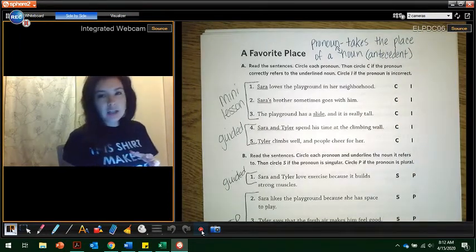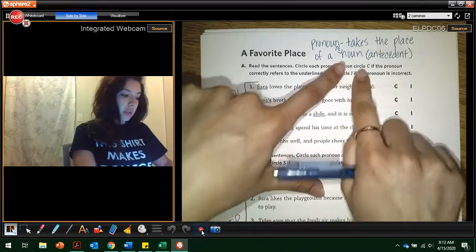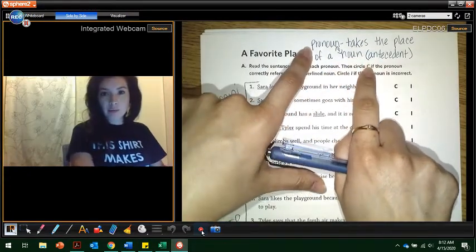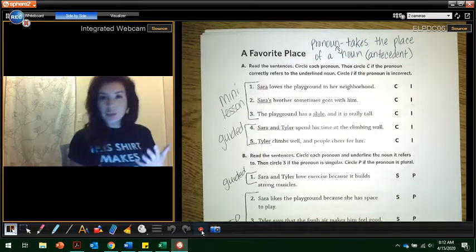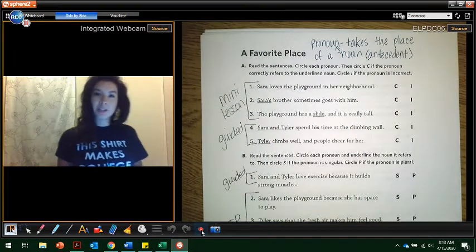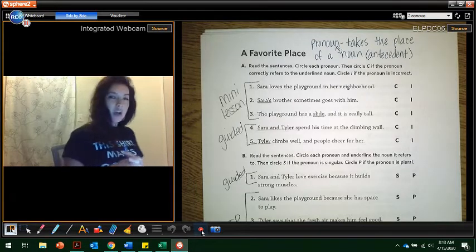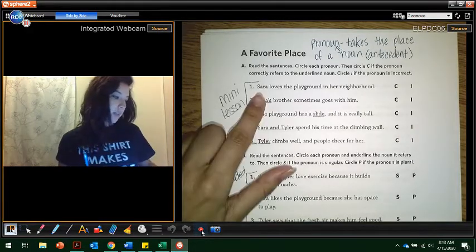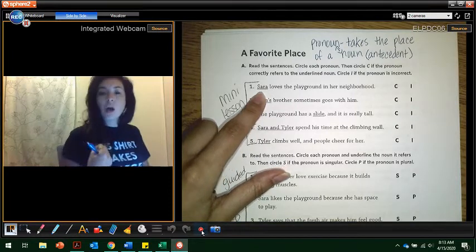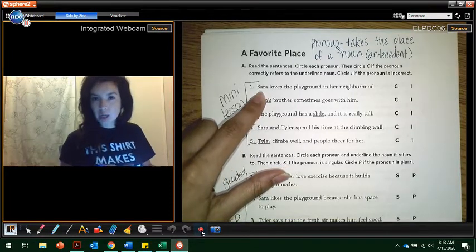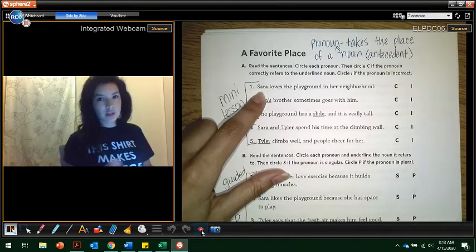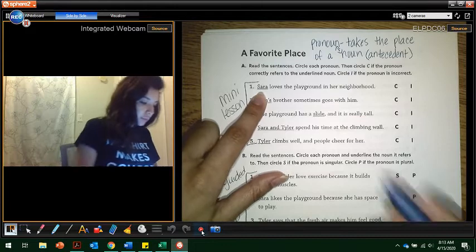And antecedent is just a fancy word to show that this word is being replaced by a pronoun. Why do we use pronouns in a sentence? It helps us be less repetitive, right? Because if we're writing about Sarah, we don't want to keep saying Sarah, Sarah, Sarah throughout the whole sentence or the whole story. We want to add some pronouns to show some differences in our writing, right?